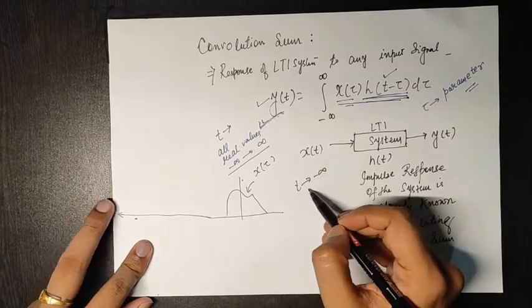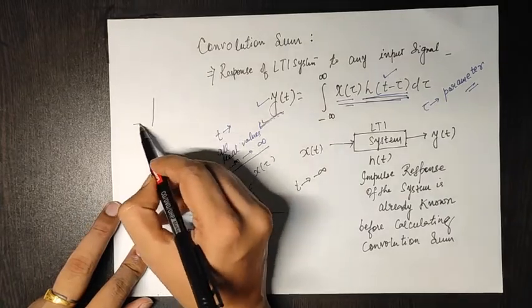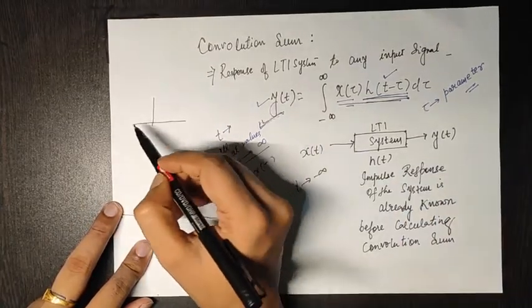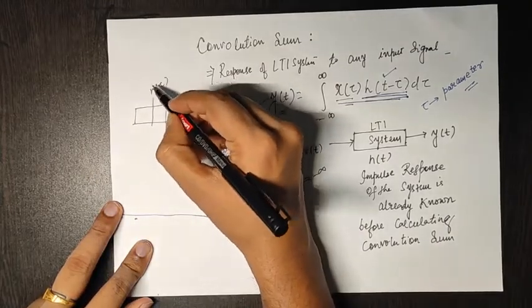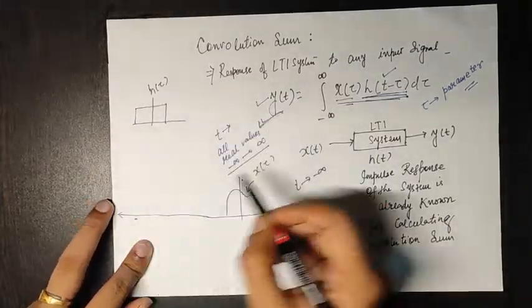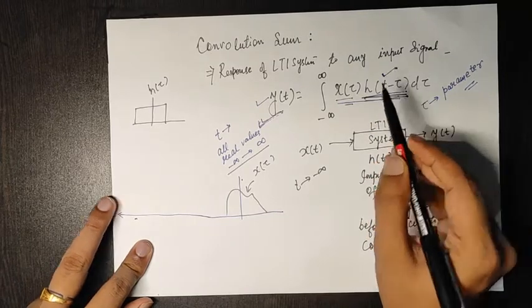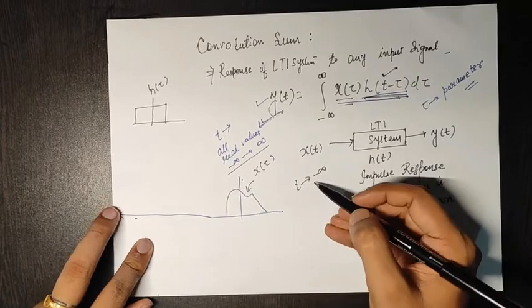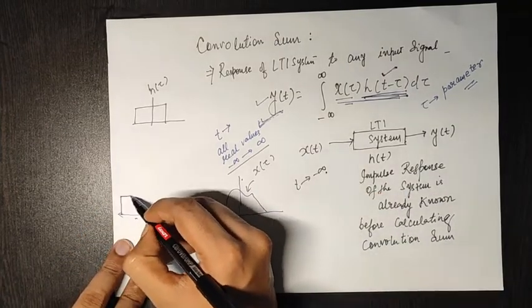Let's say this is the curve for h tau. Then we are doing the shifting with t units.